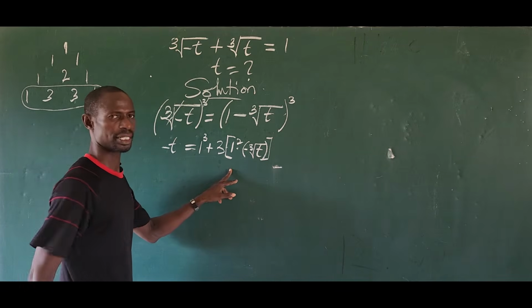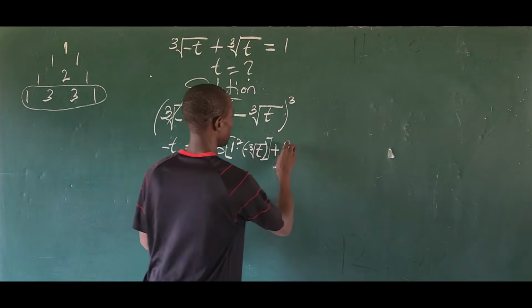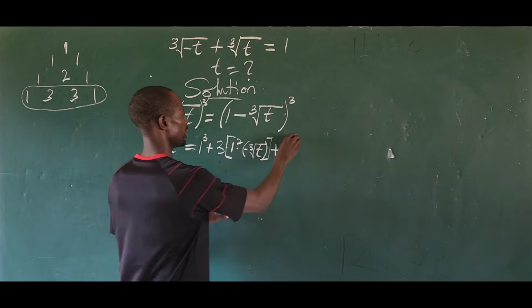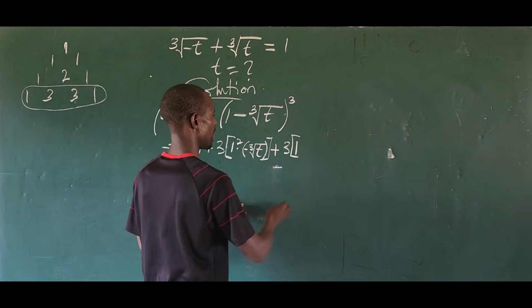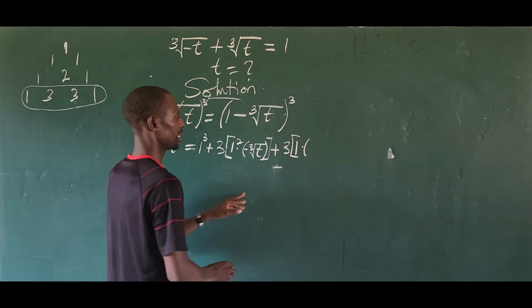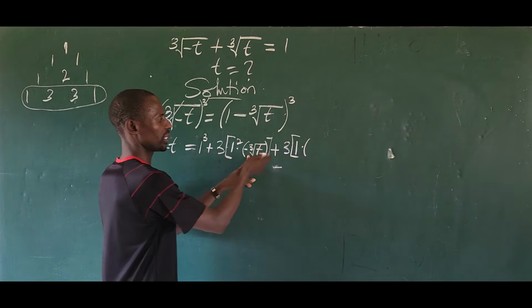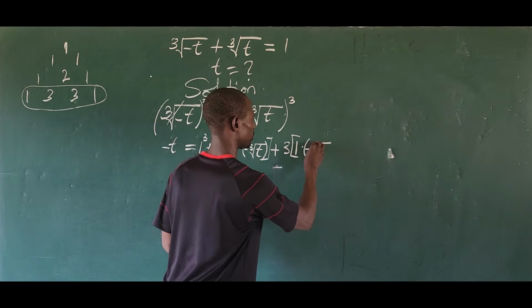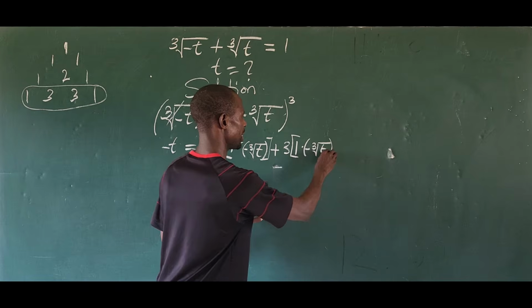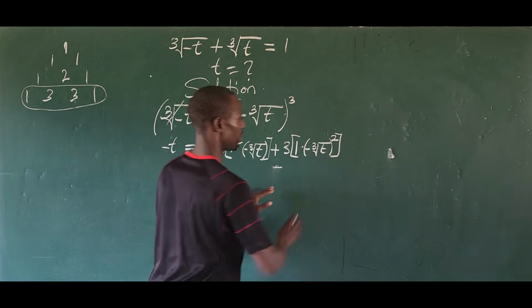So we close this. Then we go to the next quantity, which also has a coefficient of 3, then into a square bracket. 1 will be raised to power 1, then times bracket. Here, we still have a negative cube root of t. So we have here the negative cube root of t. This time, it will be raised to power 2. Okay, then close our bracket.